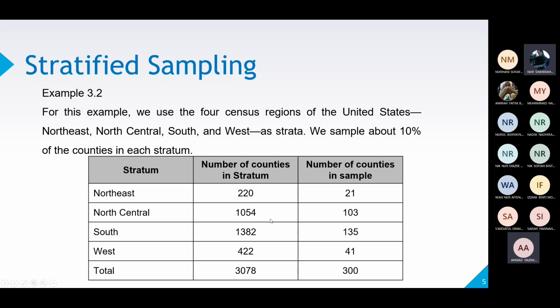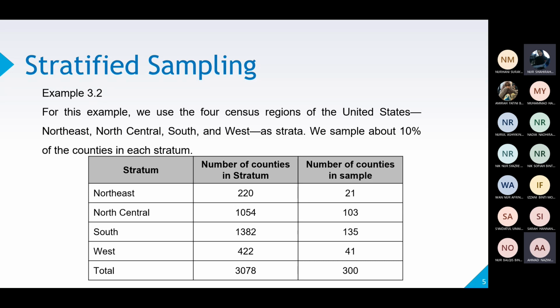For example, out of 3,078 counties in all strata, we have a large portion of counties in north central and south. So these 2 strata may be overrepresented because their proportions are much higher compared to the other 2, northeast and west.